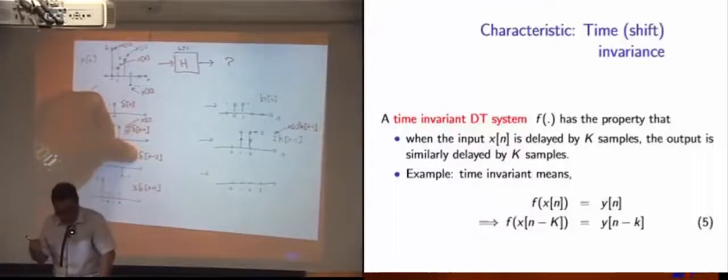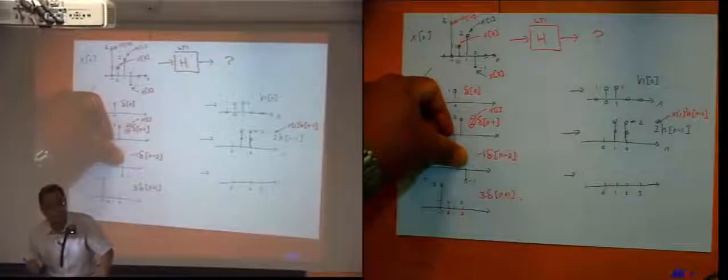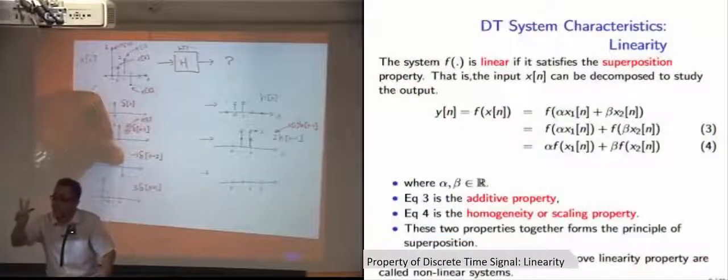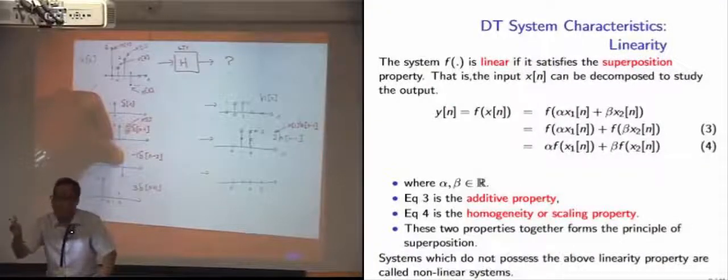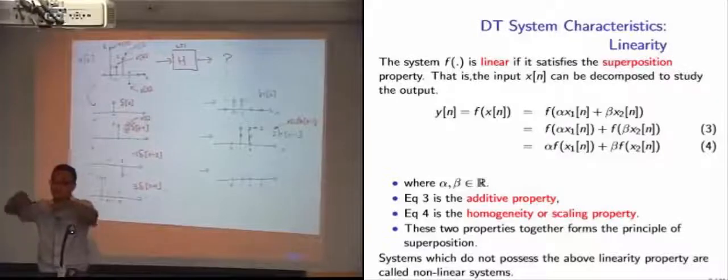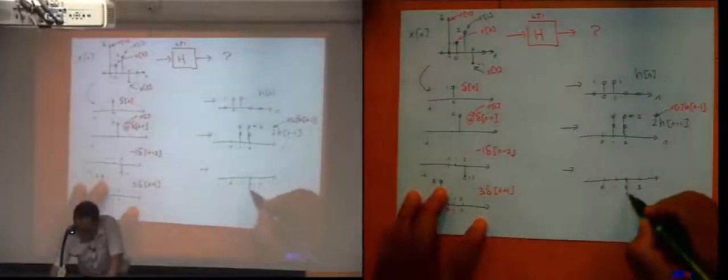Now I'm doing minus 1. Which property am I using? Linearity has two properties: one is homogeneity, which is the scaling, and one is additivity. So which one? The scaling. Minus 1 times the two guys shooting up makes the two guys shooting down, here and here.